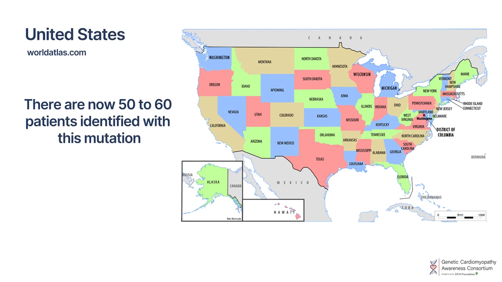Now, the R14 deletion mutation has also been found in cohorts of patients in North America and also South America. In the US, for example, there are now maybe 50 to 60 patients who've been identified with this mutation, and as more and more testing is being done that's targeted for this mutation, we're finding more and more of these patients who have this mutation.